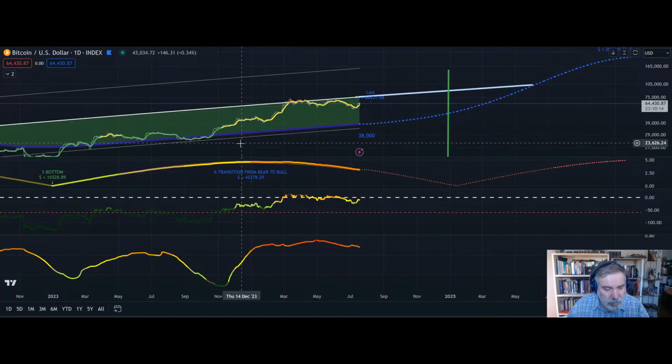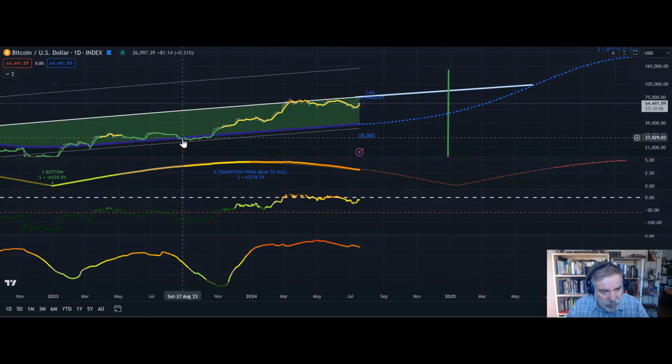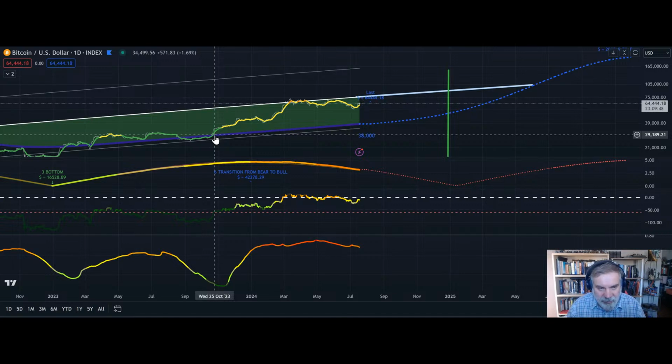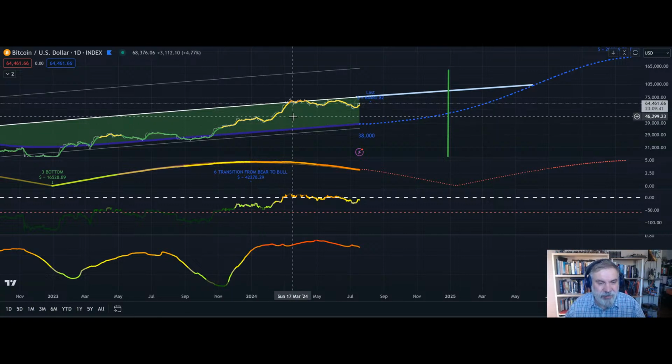So in my chart where we reach the bottom, this was the bottom, then we continue to move along this blue line that represents where the bottom is, and then at the end of the year, or even a little bit before, around October, this is what the graph shows, we started to hear more and more and more about the ETFs, and the ETFs created FOMO, a lot of FOMO, slowly first, and then a lot of FOMO. But notice what happened. Just a second.